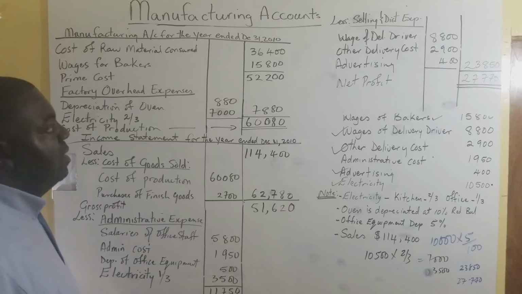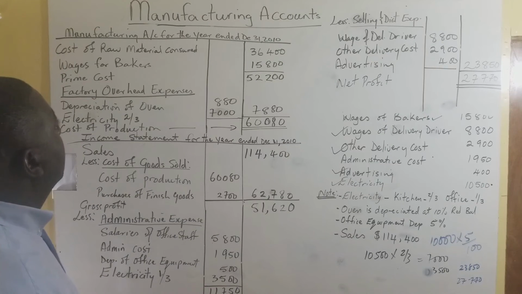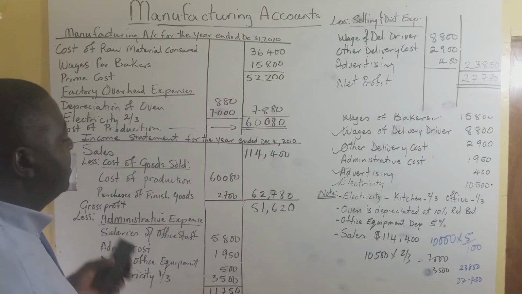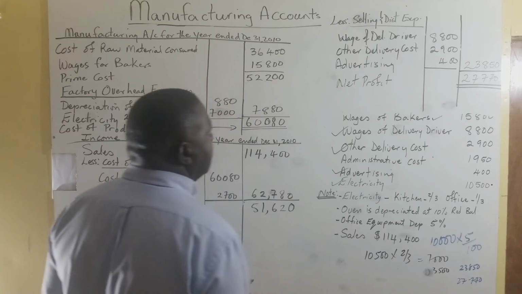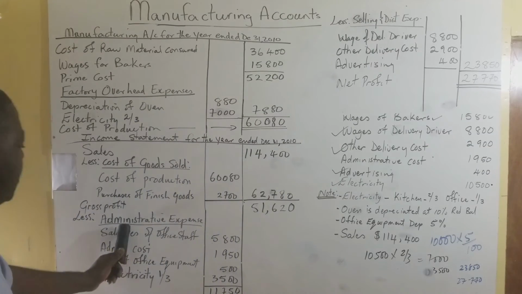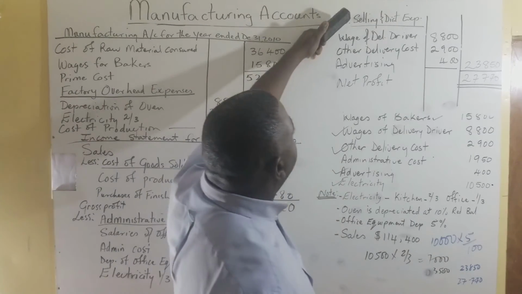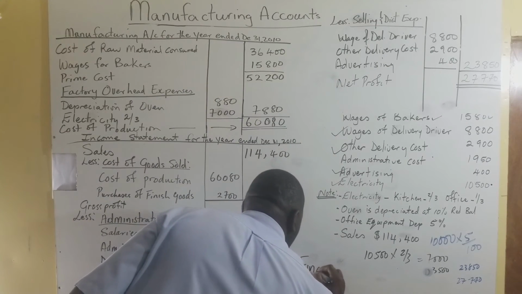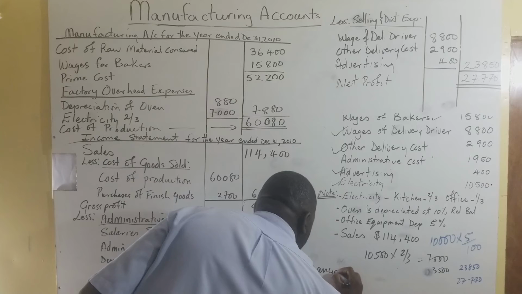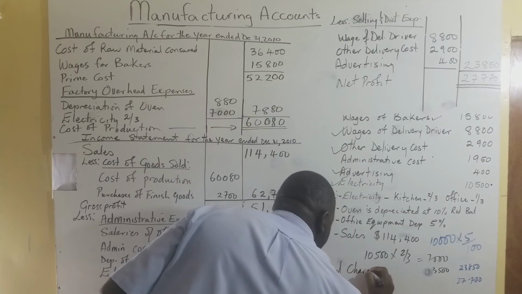The preparation of the manufacturing account and the income statement. I wish to indicate that there's another section apart from the administrative expense and the selling and distribution. There is a section that is also called financial charges.